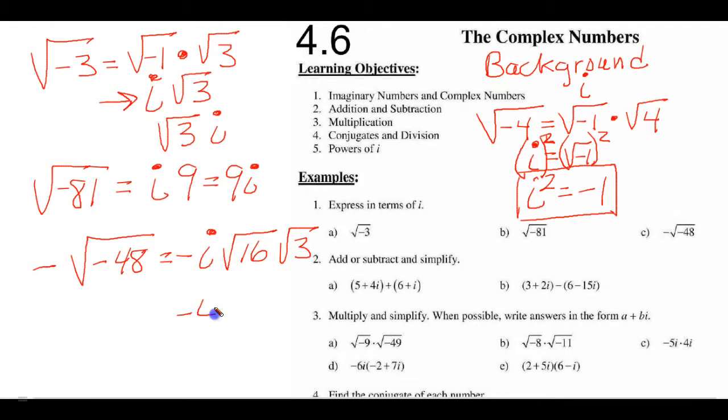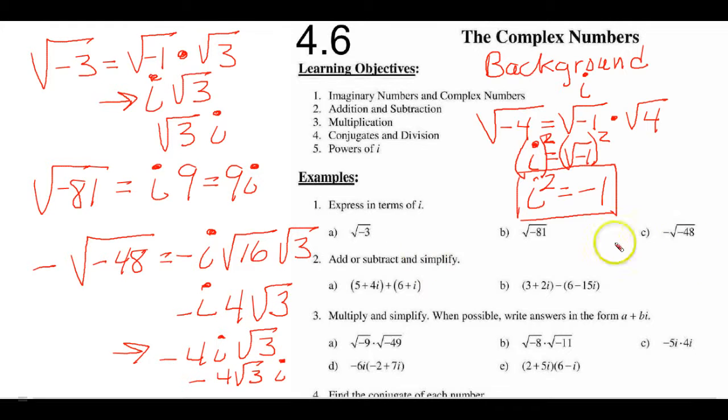So we have negative I times 4 times the square root of 3. Now, this could also be written, remember, as negative 4I times the square root of 3, or negative 4 times the square root of 3, with the I over there. This way is the preferred way, but all of these are correct.